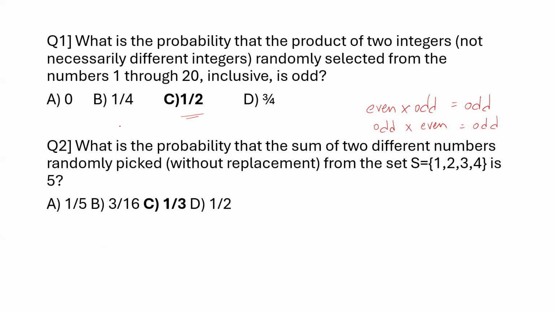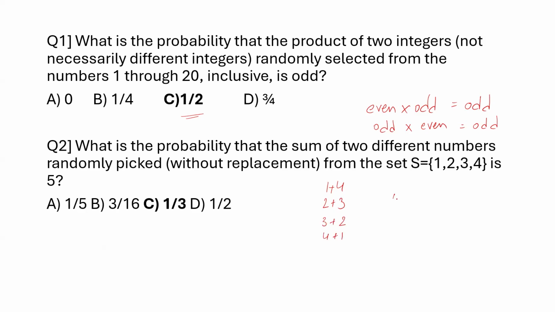What is the probability that the sum of two different numbers randomly picked without replacement from the set of 1, 2, 3, 4 is 5? So from this set, you have to pick two numbers so that the sum is 5. So 1 and 4 will give you 5, right? Then 2 plus 3 is 5, 3 plus 2 is 5, 4 plus 1 is 5.